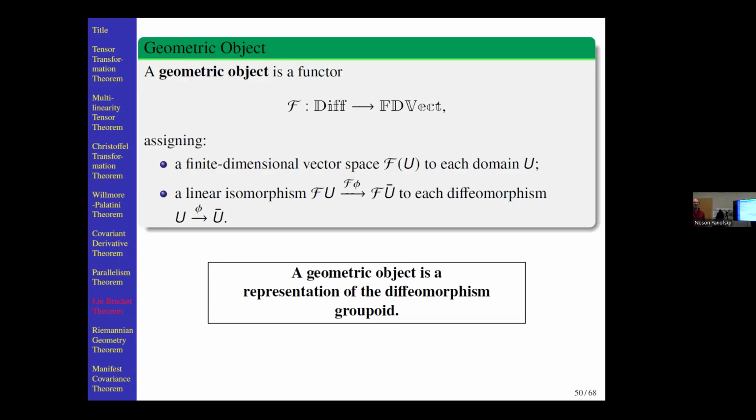Sure. The whole time you're speaking, a geometric object to me is basically a sheaf. Yes, I would like to go there. A sheaf is assigning things to open sets. That's a pretty standard development, and that's what ChatGPT told me as well. Yeah, I agree.